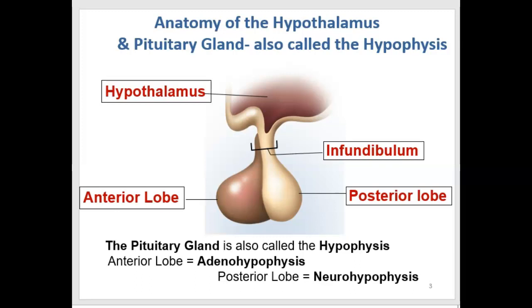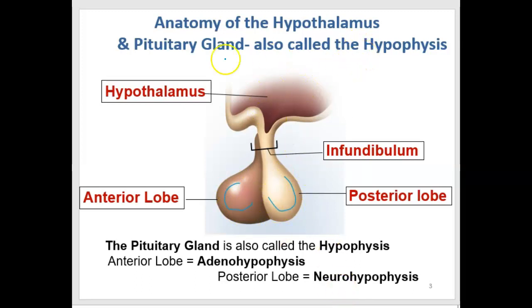The anatomy is important because the hormones that are made in the hypothalamus vary in terms of which they affect. Do they affect the anterior part of the pituitary or the posterior part?